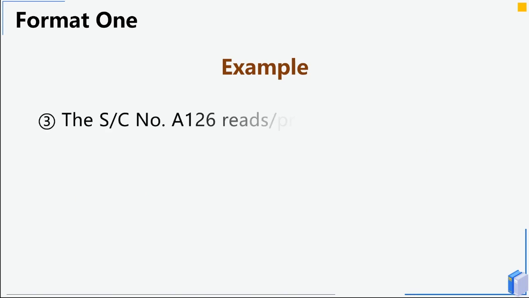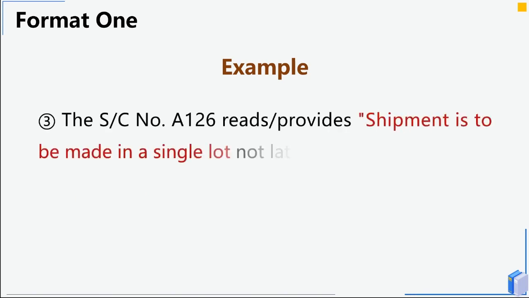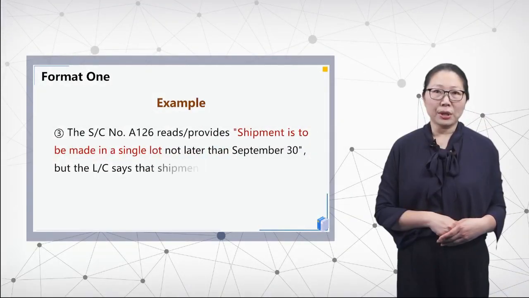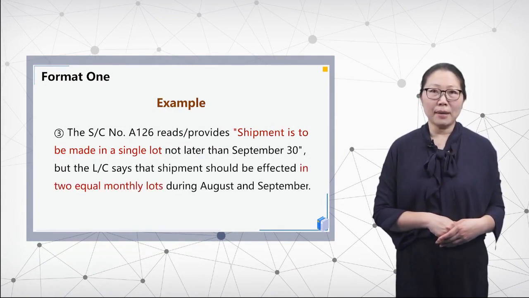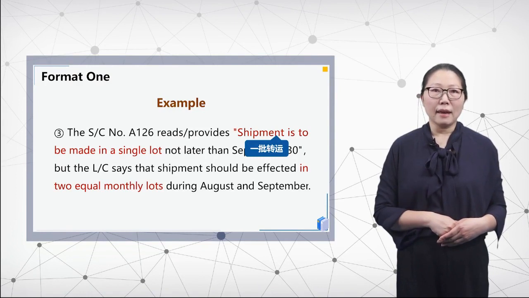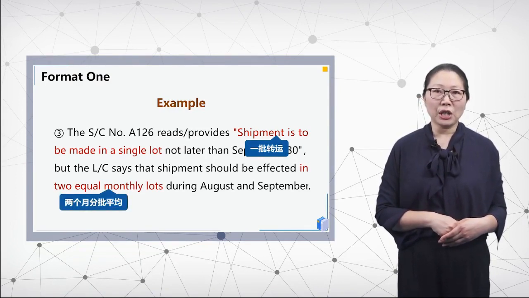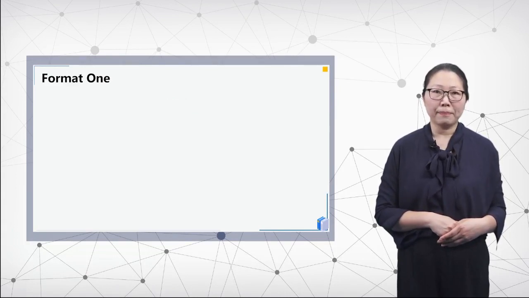The SC number A126 reads, shipment is to be made in a single lot, not later than September 30, but the LC says that shipment should be effected in 2 equal monthly lots during August and September.